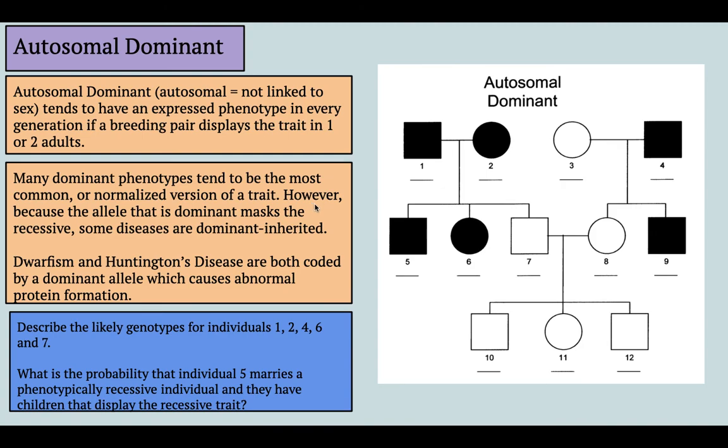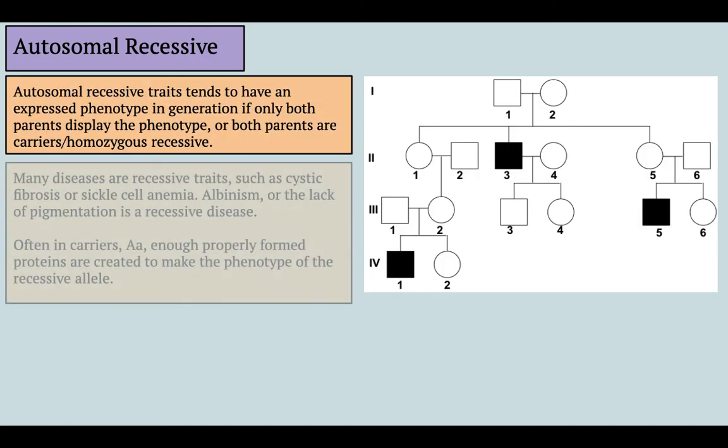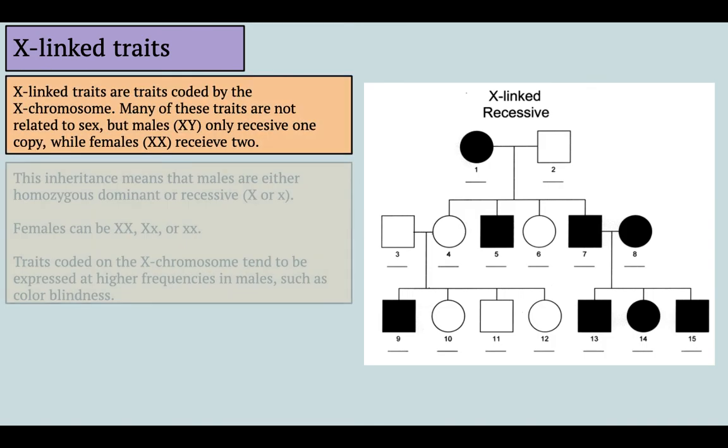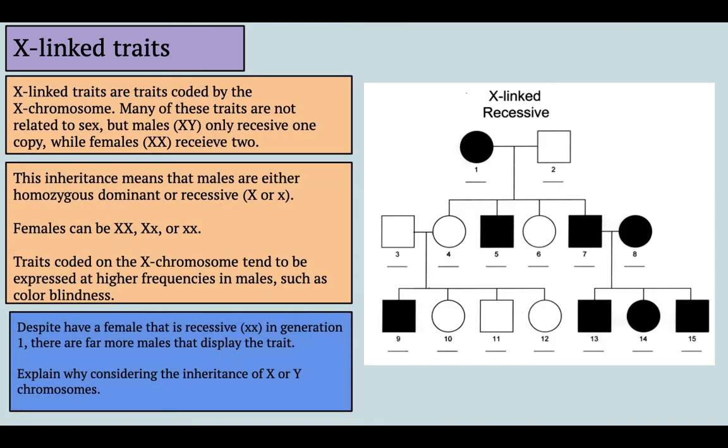While most dominant genes are common, there are some diseases that are dominantly inherited, which means the one copy trumps the other. Many traits are recessive if both parents don't display the trait, but their child does. And then finally, X-linked traits are found more commonly in males because of the XY chromosomal makeup.